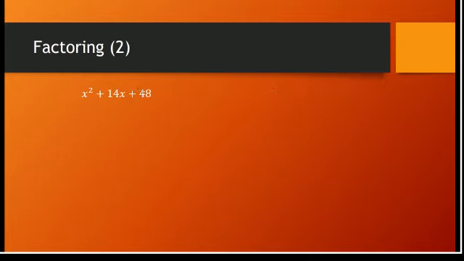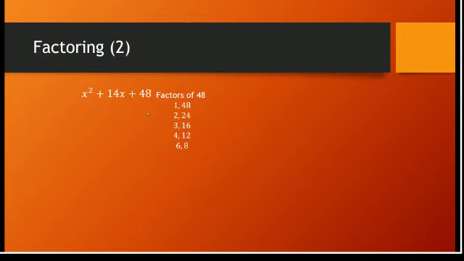If we try this again with a different trinomial, notice we've got x squared plus 14x plus 48. 48 is the product of our two numbers, and 14 is the sum. That is, we need two numbers that multiply to 48 and add to 14. So if I make a list of all the factors of 48, that's 1 and 48, 2 and 24, 3 and 16, 4 and 12, and 6 and 8.